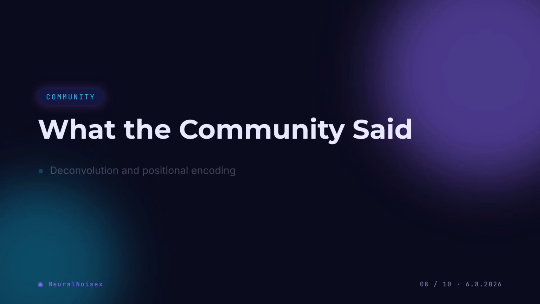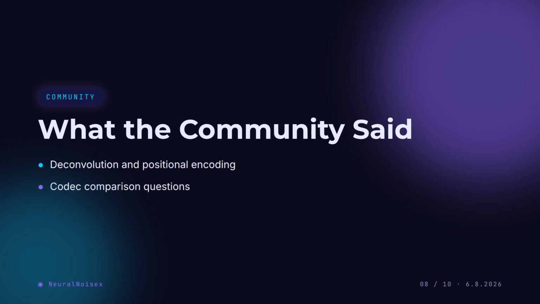The community response brought up some great technical points. One commenter asked about using deconvolution and positional encoding instead. Another explained that Siren replaces the activation with sine waves, so you do not need positional encoding to capture high-frequency details. Someone generated a between frames video at 60 frames per second showing interpolated motion.